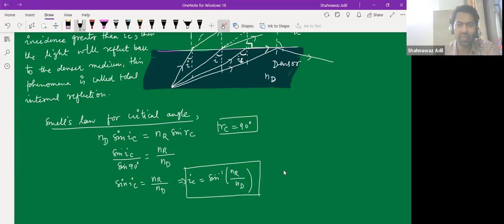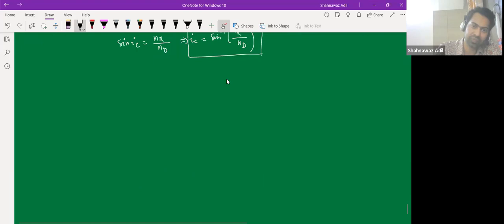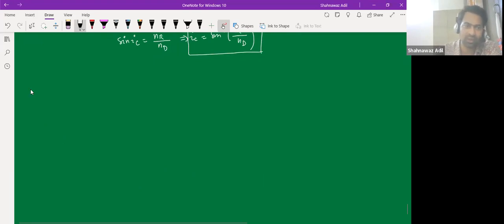And for different materials, we have different critical angles. Okay, so this is all about TIR, but there are two necessary conditions, right? Two conditions must be followed.